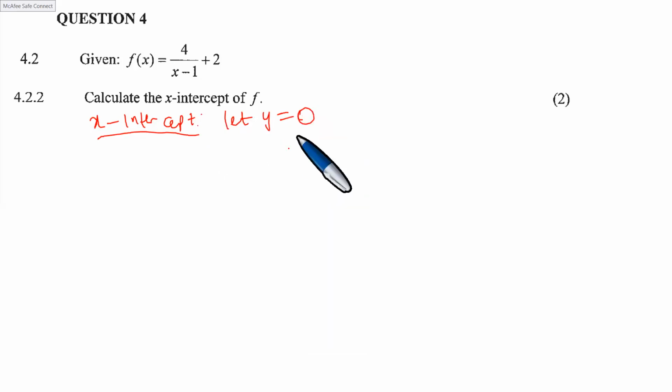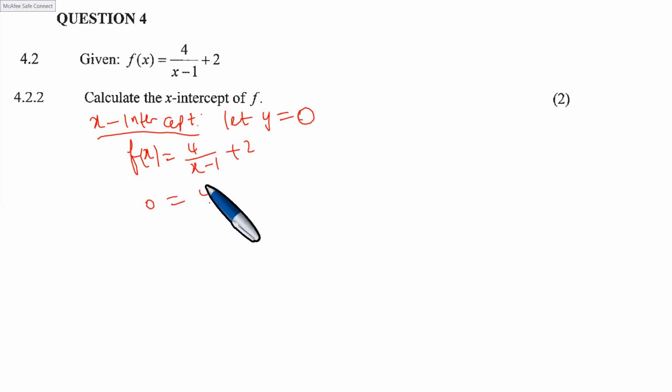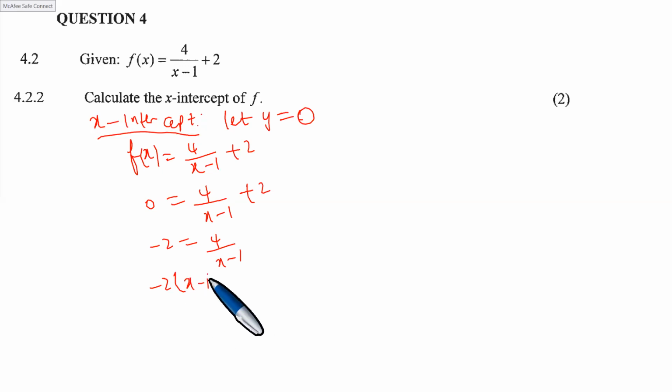If we let y be equal to 0, and we have the equation f of x equals 4 over x minus 1 plus 2, y is already 0, so we have this plus 2. You transpose the 2, it becomes minus 2 equals 4 over x minus 1. You cross multiply, so minus 2 times x minus 1 equals 4.